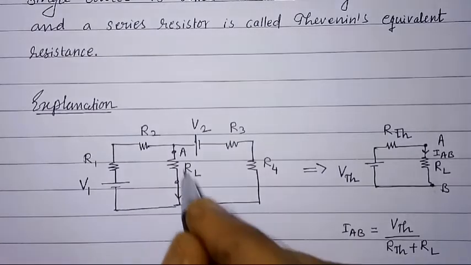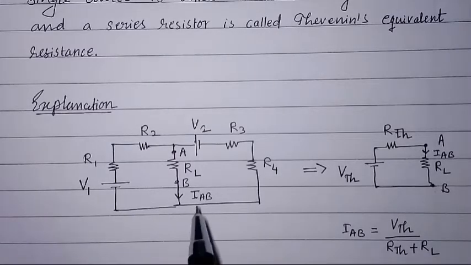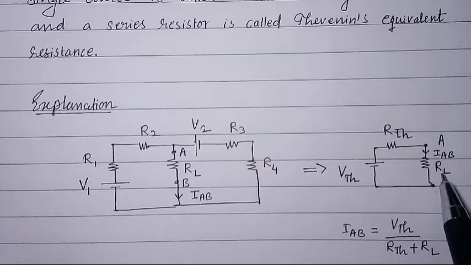And here let us say the current flowing is equal to IAB. What current I get here, same current I will be getting here.